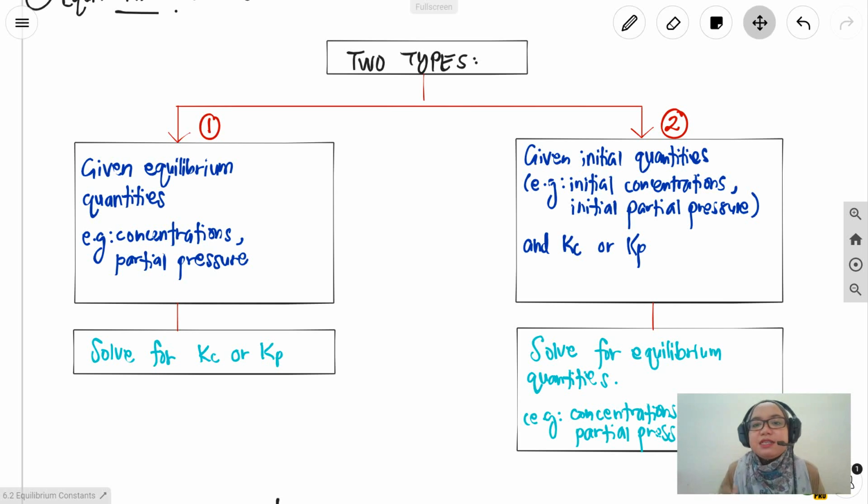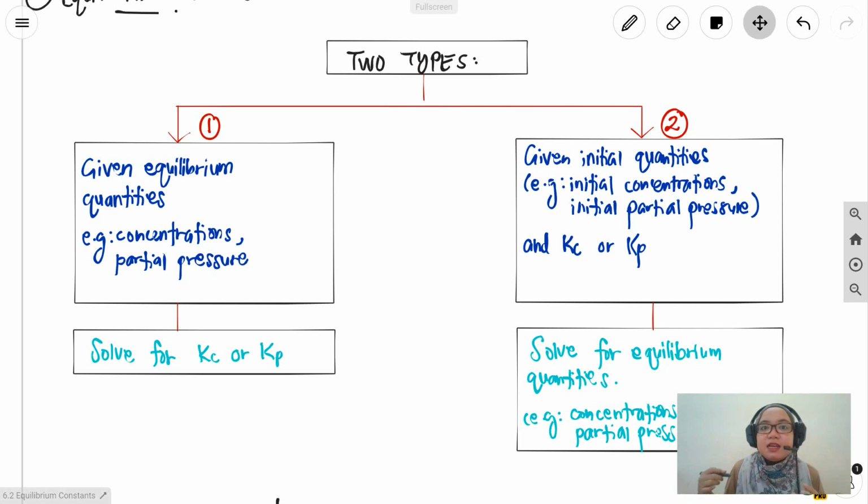However, the second type of problem is when it gives you the initial quantities. For example, it gives you the initial concentration and initial partial pressure before the system achieves the equilibrium state, and it gives you the value of Kc and Kp for us to find the concentration and the partial pressure at equilibrium state.